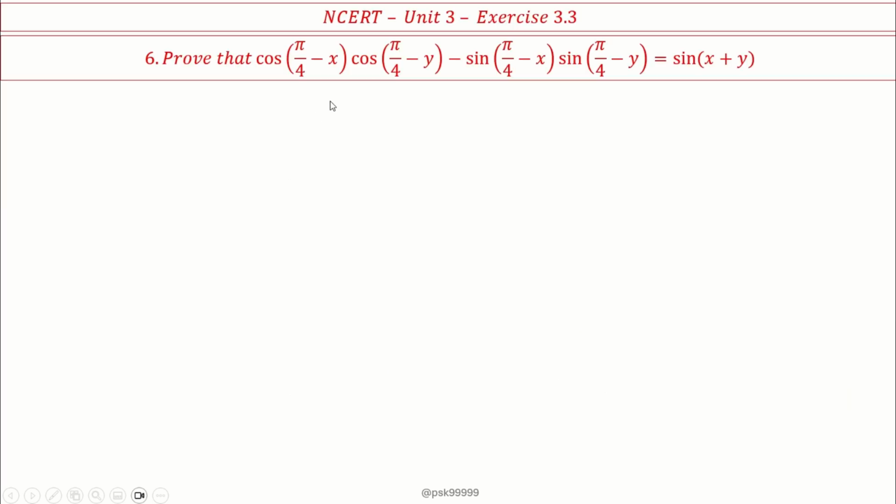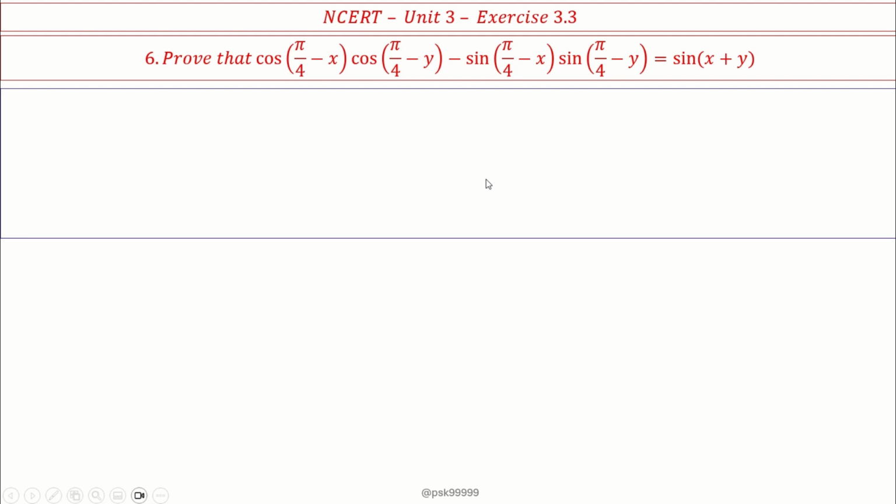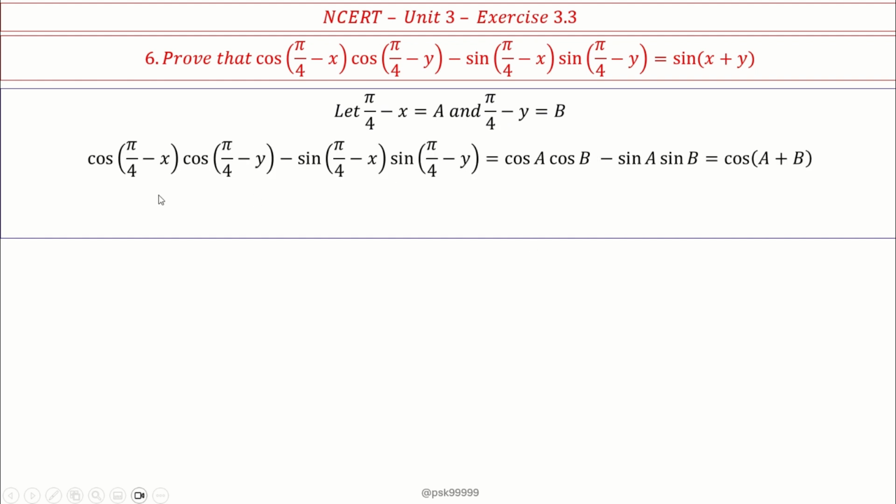Now this one you have to prove, actually. This is in the form of which formula? Cos(x plus y), right? So you take this one as A and this as B. This is the formula I'm using: cos A cos B minus sin A sin B equals cos(A plus B).